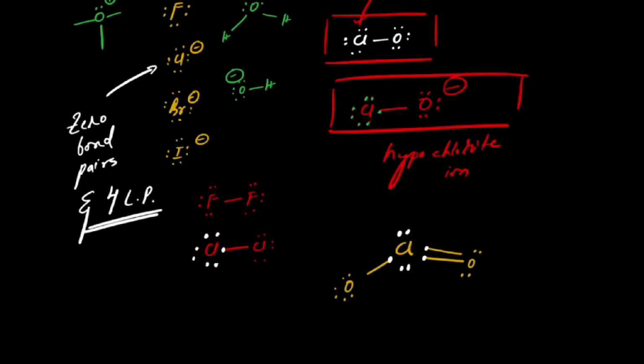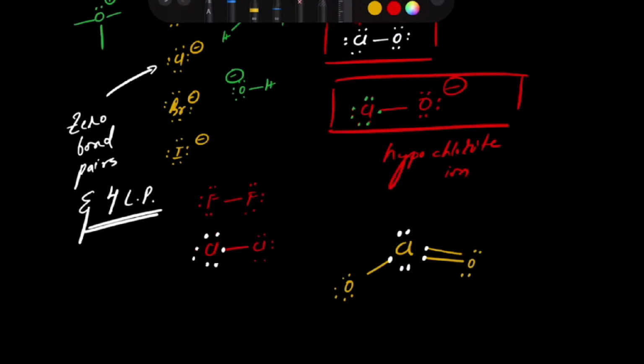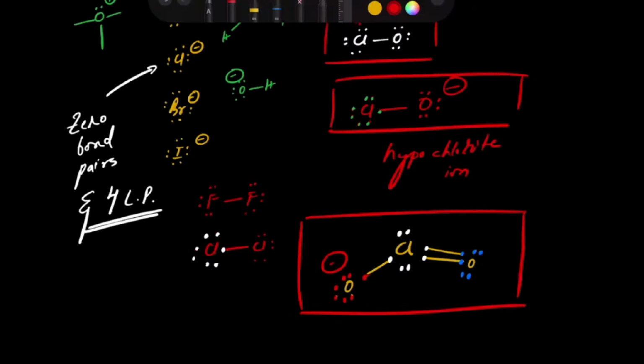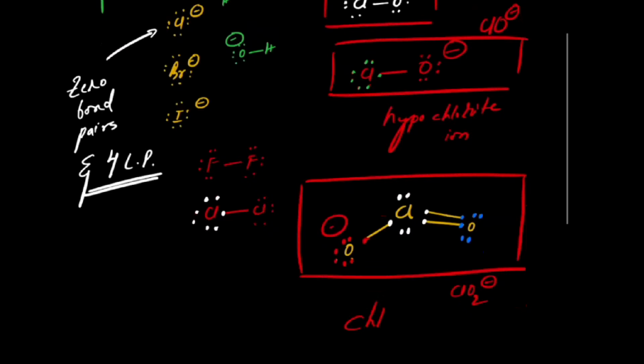That's why it's neutral. And here, how many electrons does oxygen have? Oxygen has 6. That's why that oxygen is also neutral. Whereas this oxygen has 1, 2, 3, 4, 5, 6, 7. So there is 1 electron extra. So you'll have negative charge here. Now what is this called? This is ClO2 minus, this is ClO minus. This is hypochlorite and this is called chlorite. I'll tell you why the names are like this. This is called chlorite. Next.